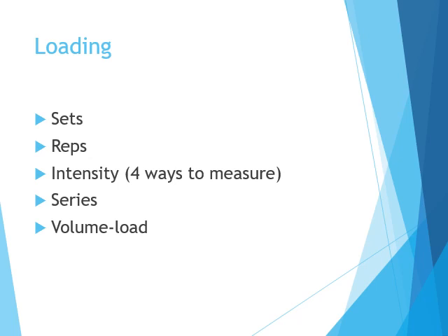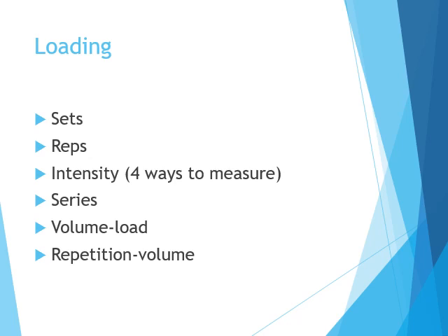The volume load looks at essentially how much weight you're actually doing within a workout. For all the exercises that you do, you'd multiply the weight by the number of total repetitions that you did for the workout, and add it all together. That would give you what's called your volume load. Your repetition volume just looks at the total number of repetitions.